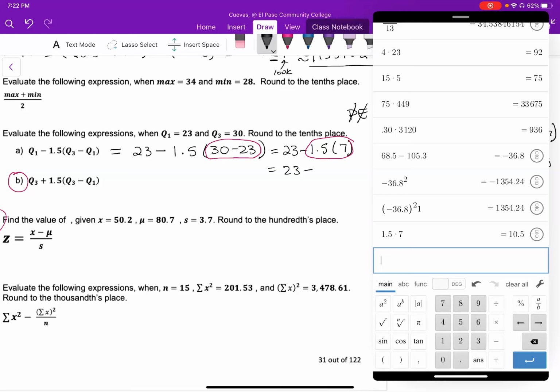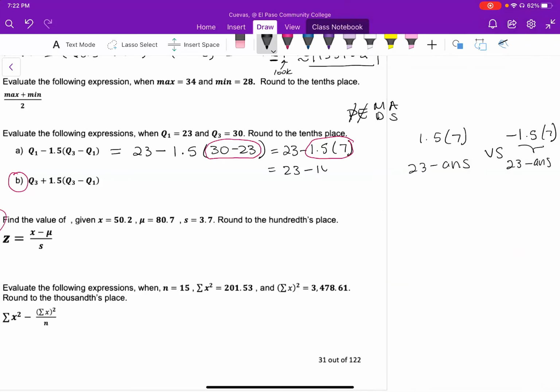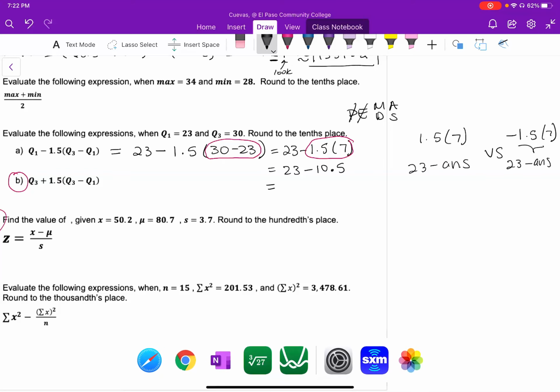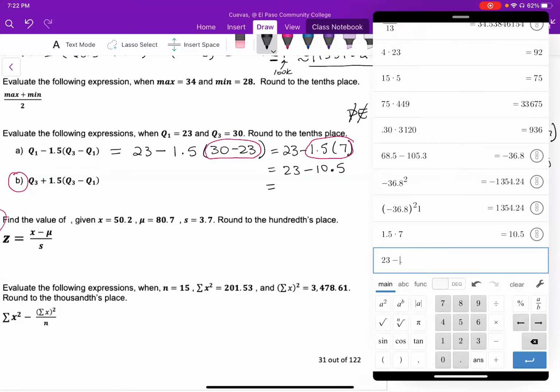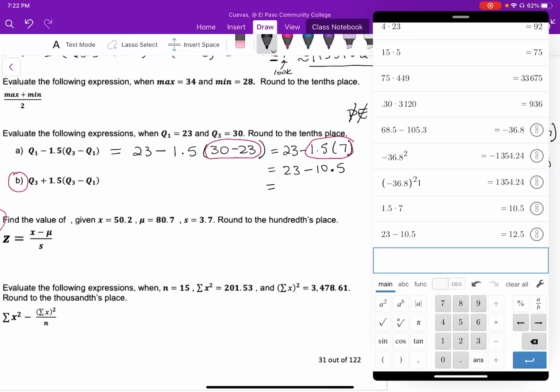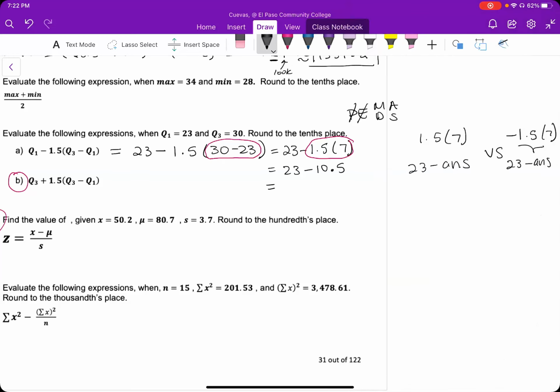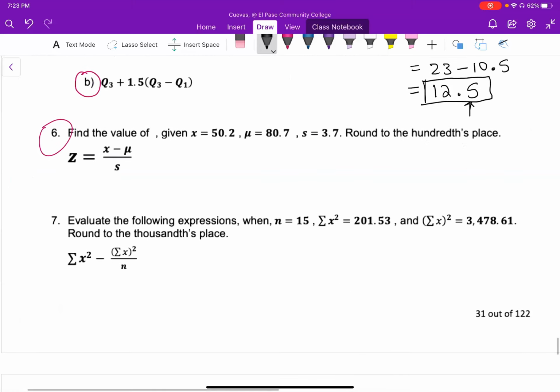And that gives us 10.5. 23 minus 10.5 is 12.5. The last instruction was to round to the 10th place. And if you notice, that's all that's left is a 10th place. So we have our answer.